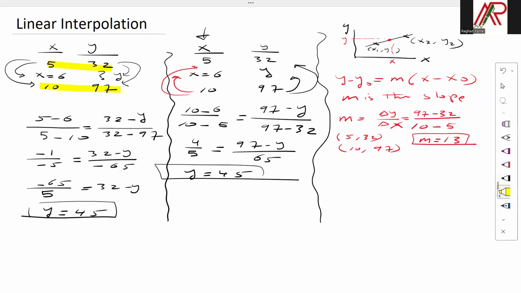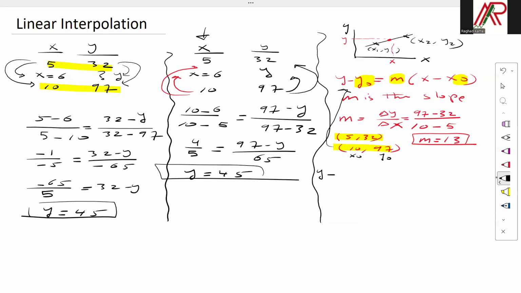So for this relation, now we have m, and then we need a point x naught, y naught. You can use any one of these. In this example, I'm going to use the second one. And here, this is x naught, and this is y naught. I'm going to just substitute it in this relation with m.